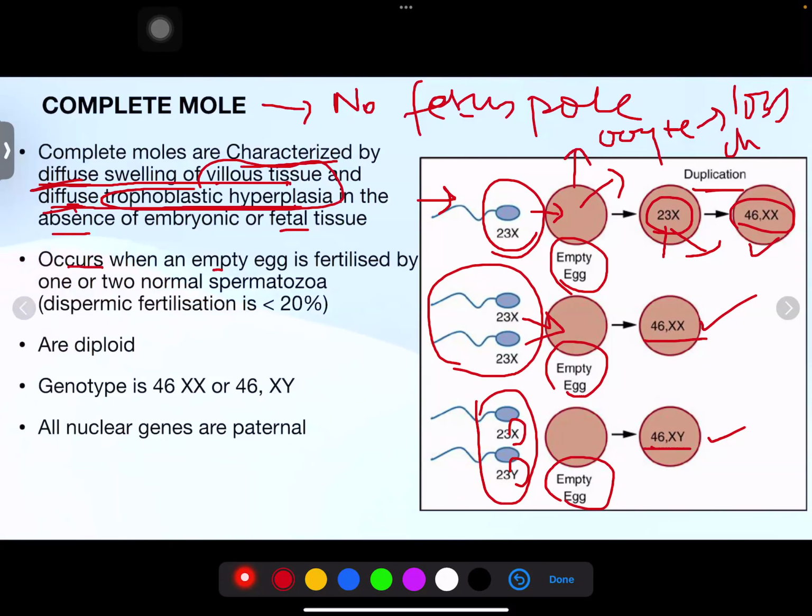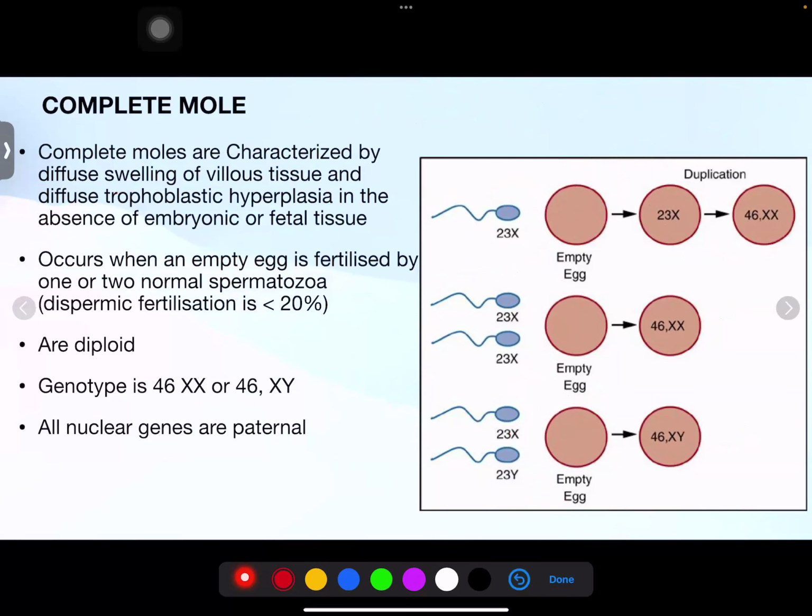So it occurs when an empty egg is fertilized by one or two normal spermatozoa. Dispermic fertilization is less common, in less than 20%. The most common is monospermic, what we discussed, where one sperm goes into duplication.